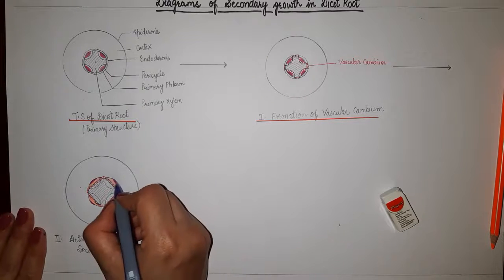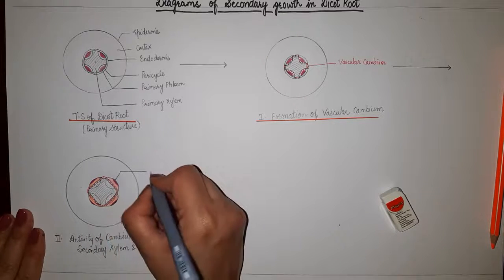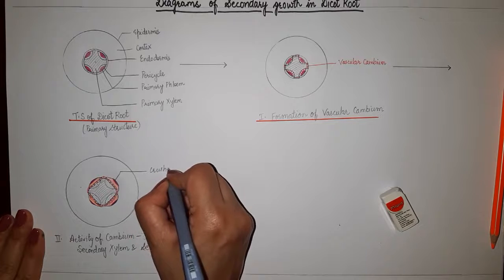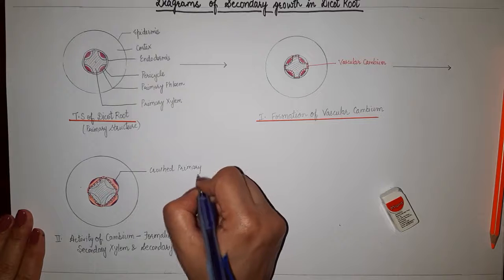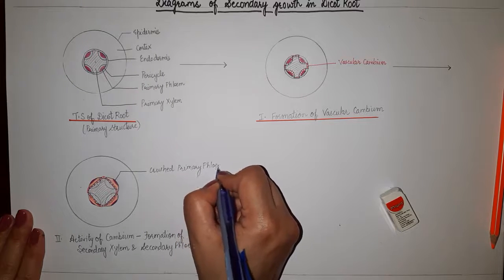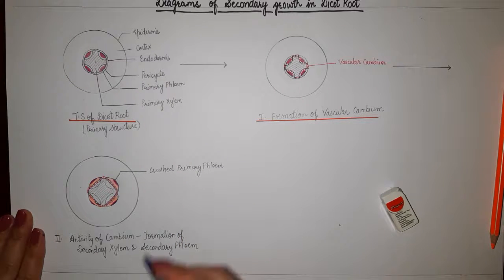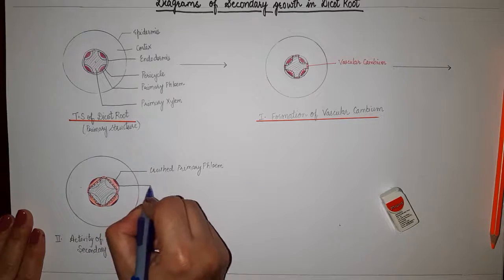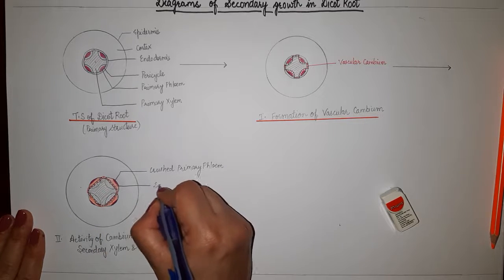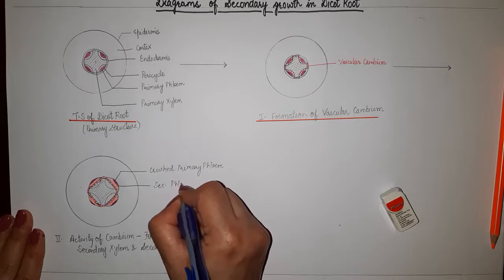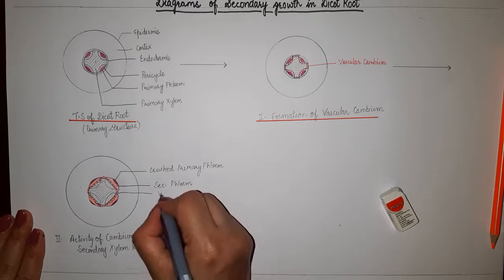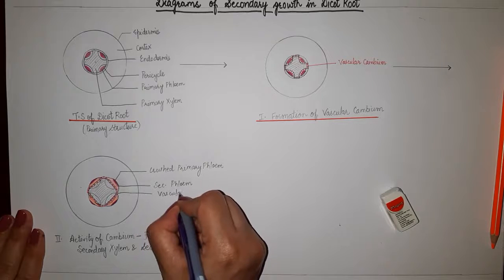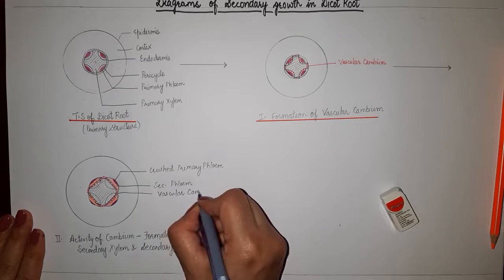So, the labeling part, this is crushed primary phloem. The fluorescent part, secondary phloem. Red colored strip, vascular cambium.